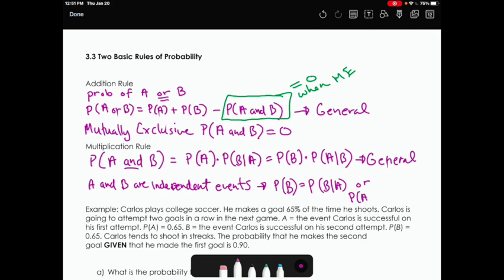We would also have the probability of A would be the same thing as the probability of A given that B has happened.